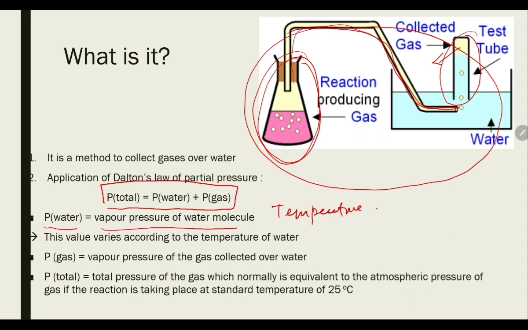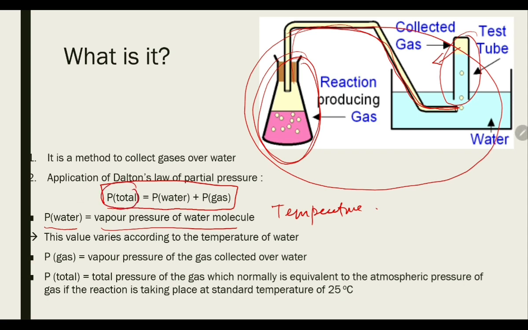Normally the vapor pressure of water will be given in the question, according to the temperature of the reaction mixture. Normally we carry out our experiment at the standard room temperature, which is 25 degrees Celsius.